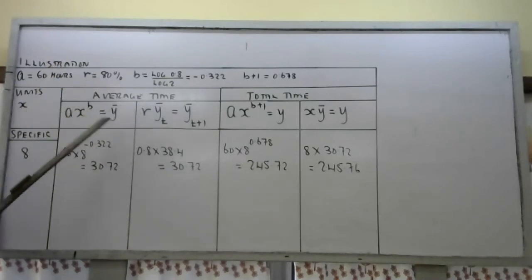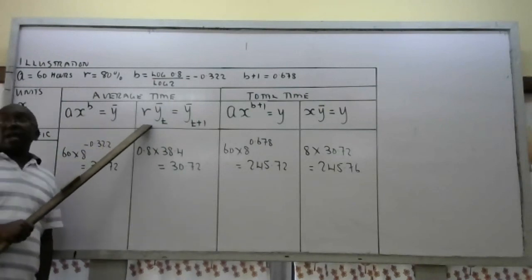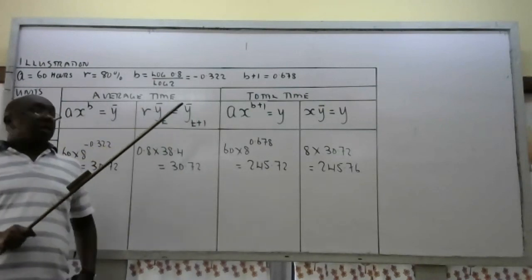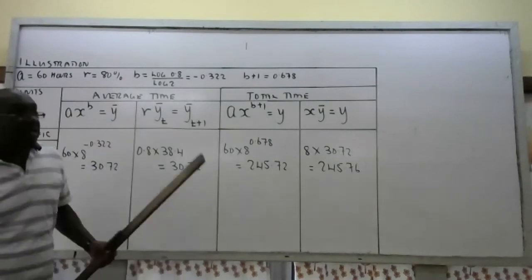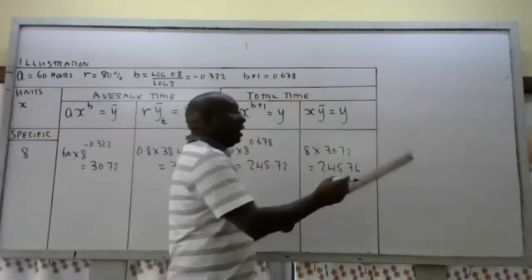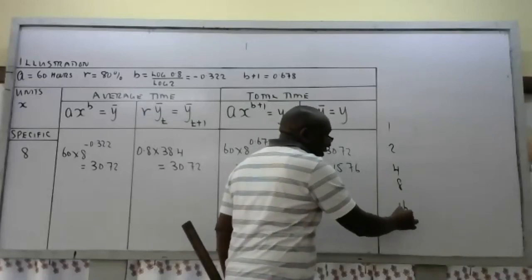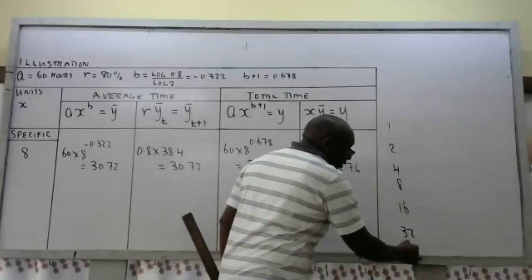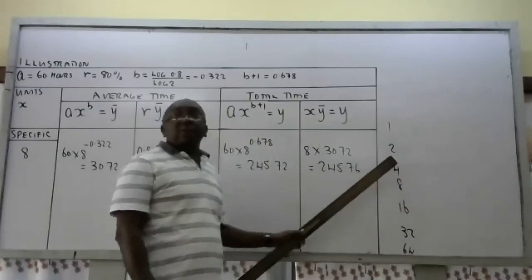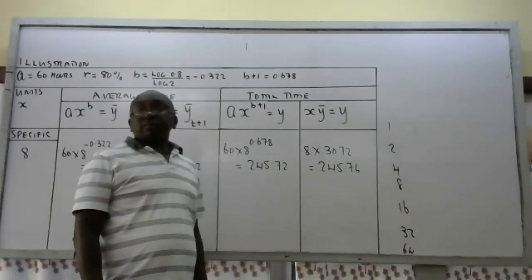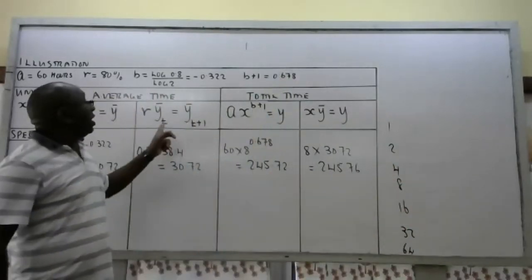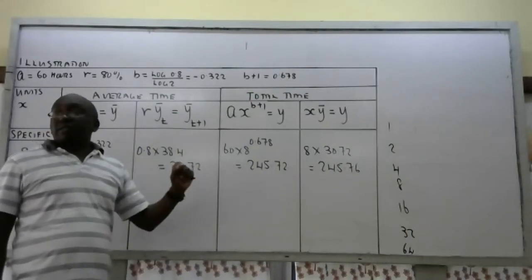Now, in that case, this one we call the universal because it's applicable everywhere. But this one is only applicable at double points. Double points is what you have seen us do there, saying 1, 2, 4, 8. Now you can continue to 16, 32, and 64. These are the double points. So this formula only applies at double points.